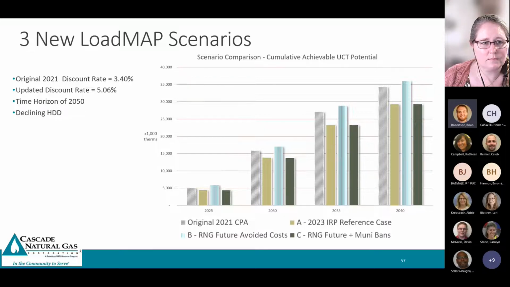So for example, in the Bellingham one, in the earlier slide, we showed that it was for new commercial and then large residential buildings. So it kind of depends on the location and what the gas ban itself entails. So yeah, it's basically just a ban on natural gas.